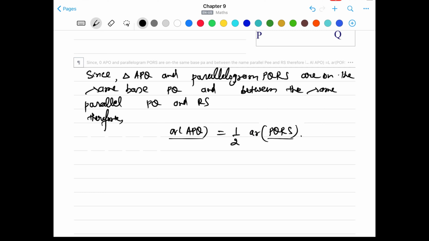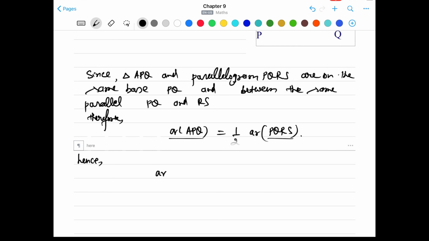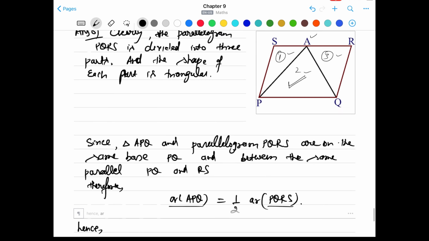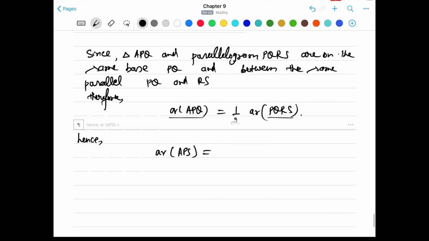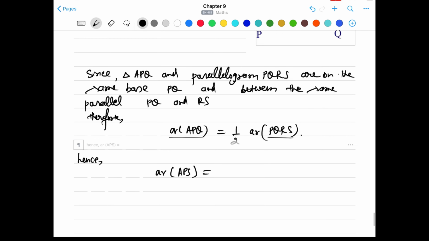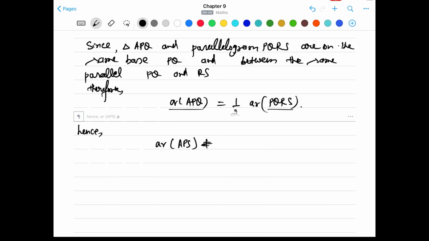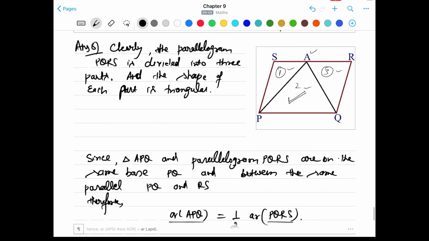Okay, so we'll write, hence the sum of the areas of triangles APS and AQR will be equal to the area of triangle APQ.